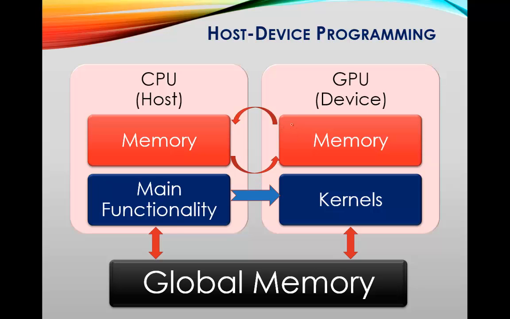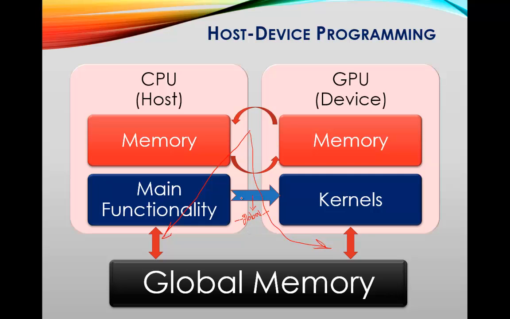The means of sending this data back and forth between our device and our host is through copying from host to device or device to host, essentially the memcpys that you've seen so far, which occur through your global memory. Now, the functions that are going to be sent to the GPU are tagged with the keyword global.